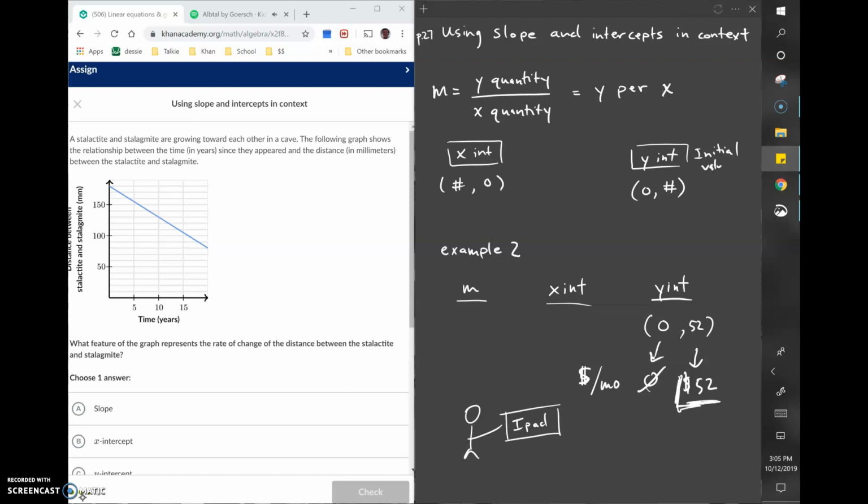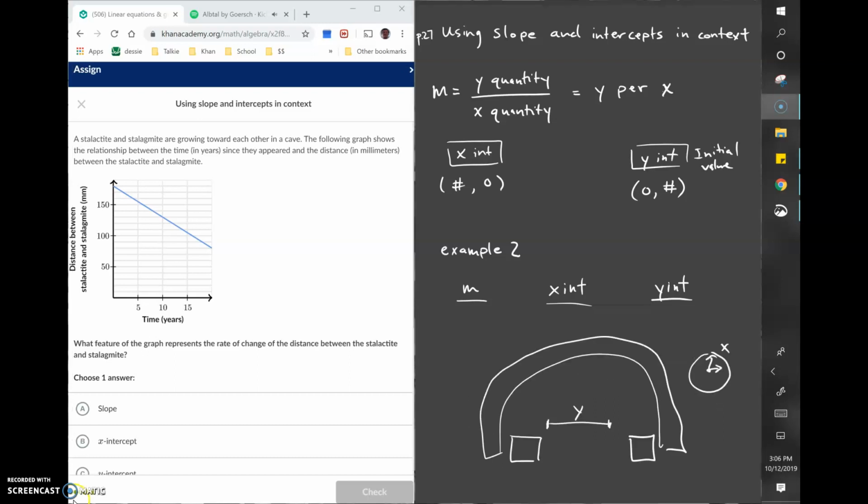Alright, go ahead and pause the video and see if you can figure this one out on your own. Okay, so this was a really weird question. We've got the stalactite and the stalagmite, which must be some sort of rocks, and they're in this cave, and they're growing. The x value is tracking time, and we're tracking over time how much closer they're getting to each other, and the y value is representing the distance between the two.